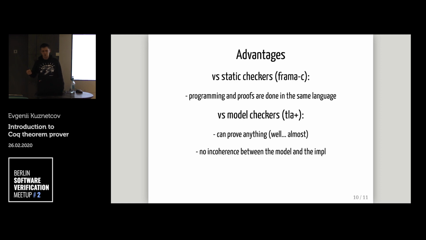And the second most important advantage for me, as an industrial programmer, is that there is no incoherence between the model and the implementation. Because I don't launch rockets to the sky, I do, I don't know, online advertisement, and I don't have the privilege to create a model checker for months and then additionally run the implementation.